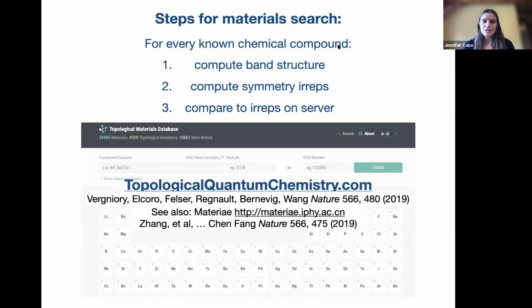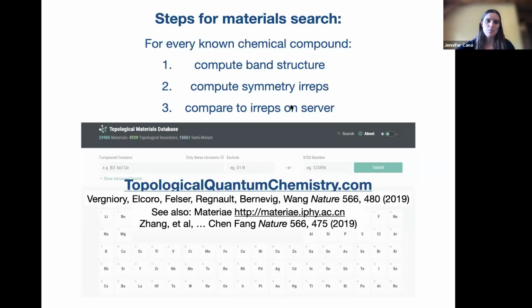We can now answer the second question, which is, how can we find topological materials? This calls for a high throughput calculation. You can take every known reported chemical compound, which are accumulated in various databases, compute the band structure, compute the symmetry irreps, and actually you really only need the irreps at high symmetry points, and then compare to irreps on the server and automate this process.